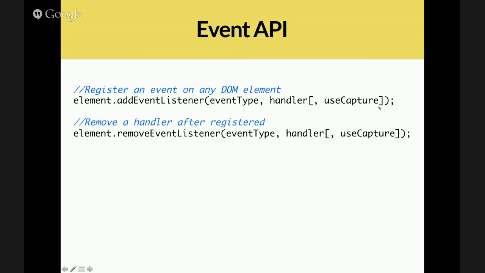This final argument, useCapture, is a Boolean that controls on which phase of event propagation this handler should be registered. If that doesn't make sense, that's fine. We'll explain that next week.